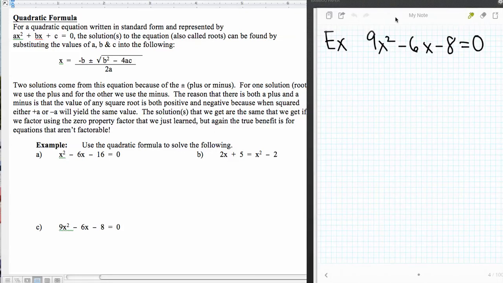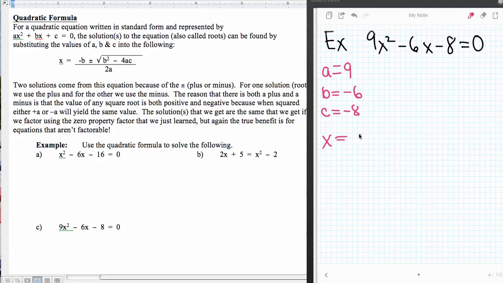All right, now looking at our next one, I want to do this one because this doesn't have a leading coefficient of 1. So we have an a this time, our leading coefficient is 9, and our b, the coefficient of the x, is a negative 6, and our c, the constant, is a negative 8. So we're going to substitute this in.